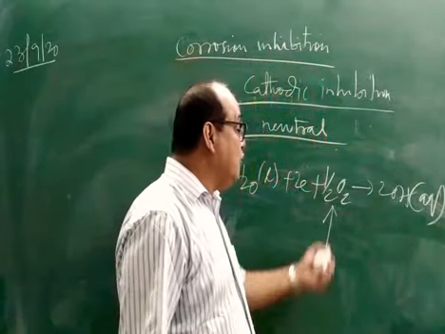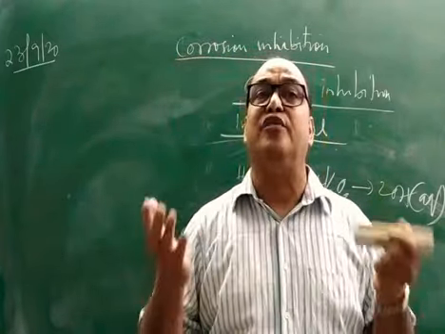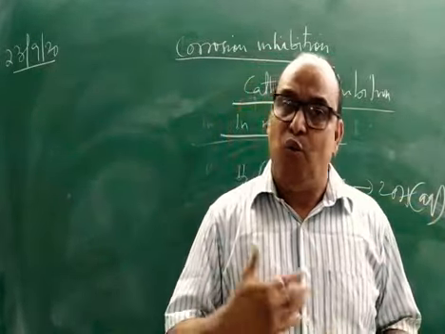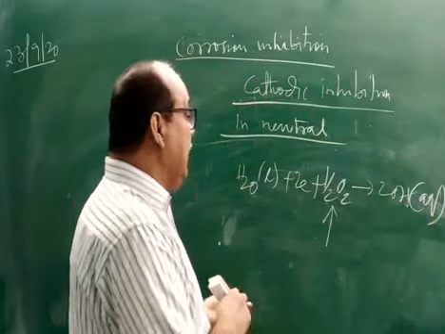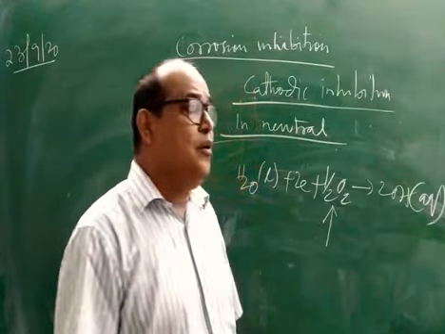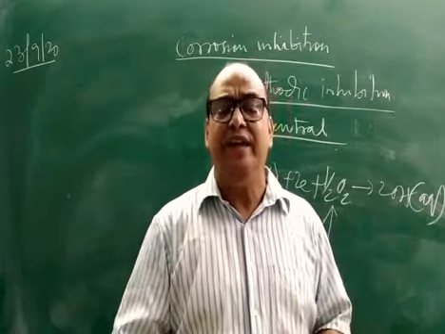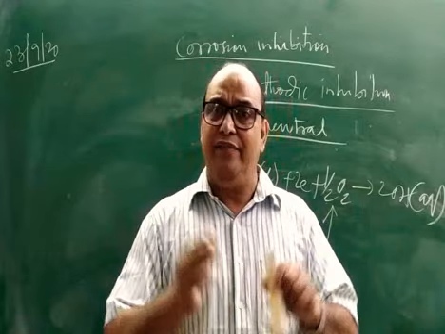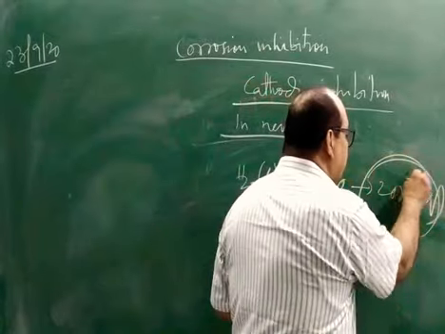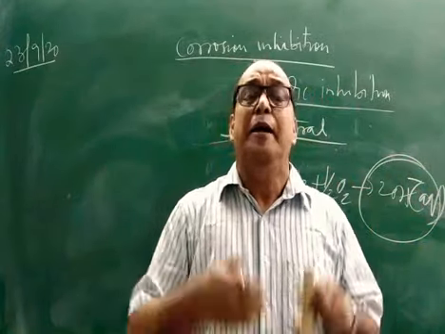The first one, how oxygen can be eliminated, we have discussed earlier: by using a suitable reducing agent like sodium sulfide or hydrazine. For the second option, we have to use certain inhibitors like zinc, magnesium, nickel compounds. These compounds will react with hydroxyl OH ion and make insoluble hydroxides, zinc hydroxide, magnesium hydroxide.